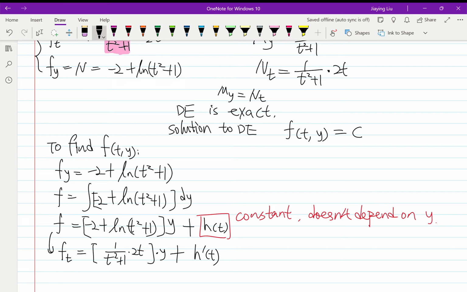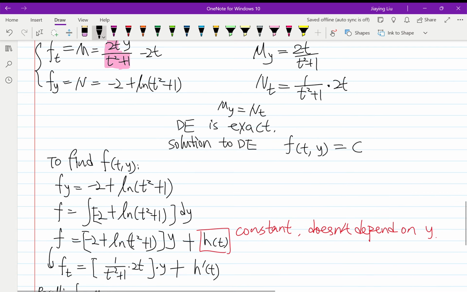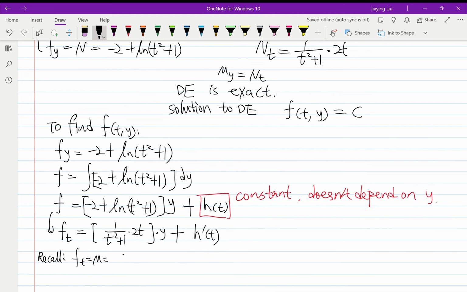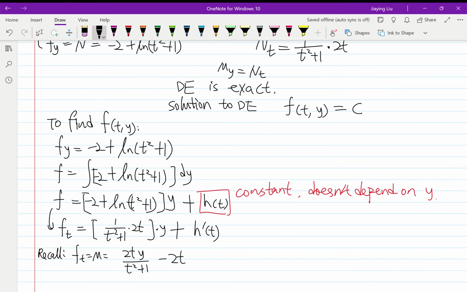And then we can take this and compare it with what we had. Recall we had f_t equals M, which is 2ty over (t squared plus 1) minus 2t. So we look at those two and compare them. Here we have really just 2t over (t squared plus 1) times y. That's what the first term is, so the first term matches, and then we look at the second term. We have h prime and we have negative 2t.